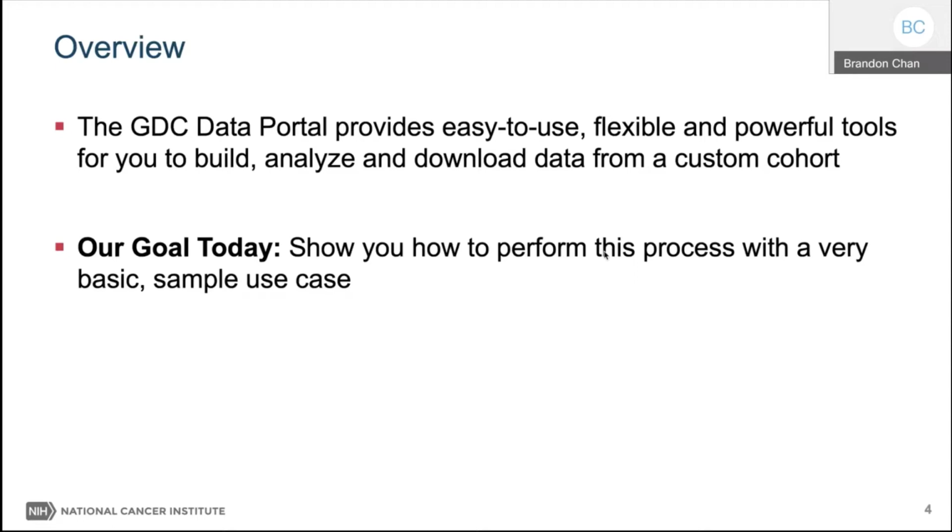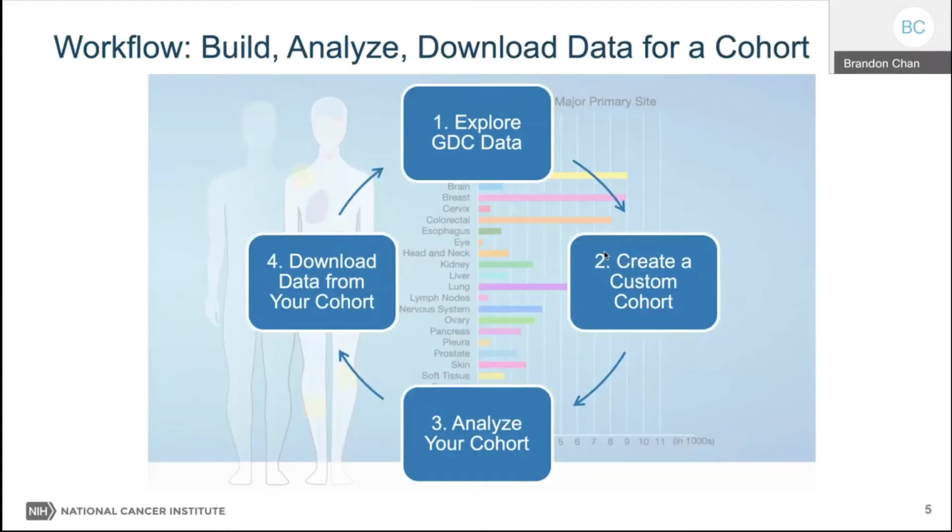So our goal today is really to show you how to perform this process with a very basic sample use case. So here you see a small, nice little picture of what that process looks like. First, you will be wanting to explore the data that's available in the portal.